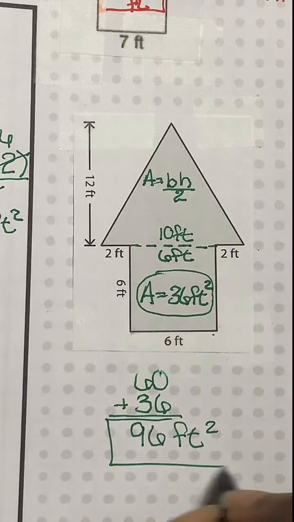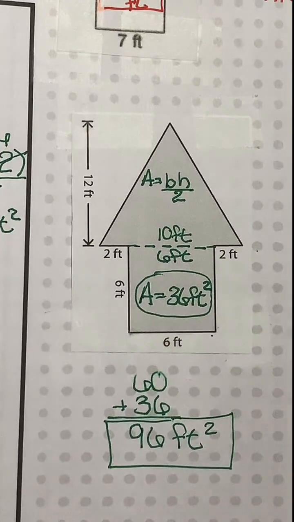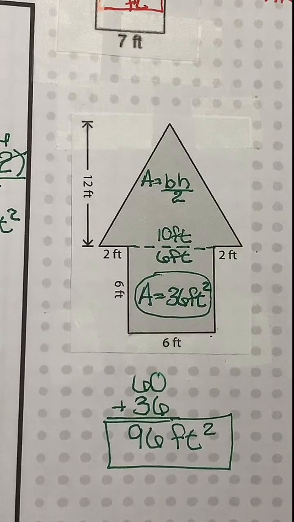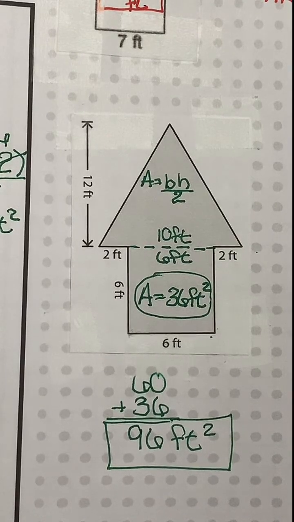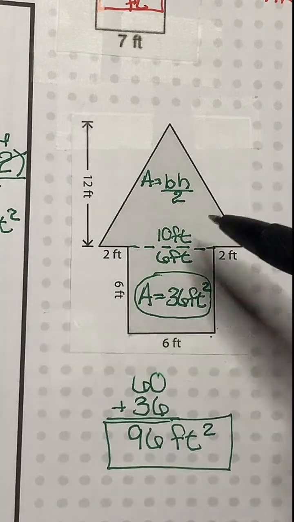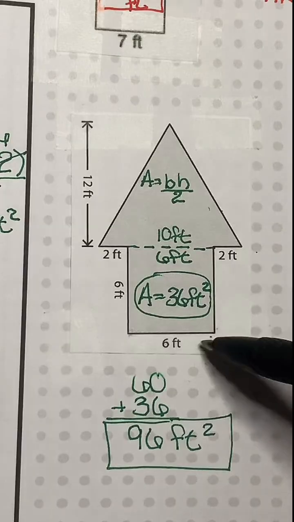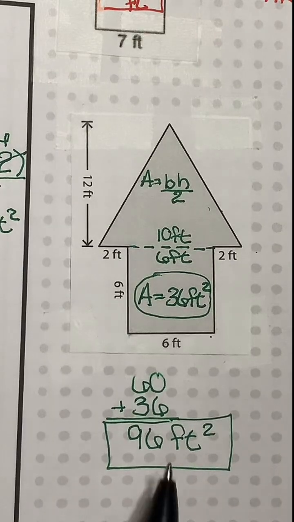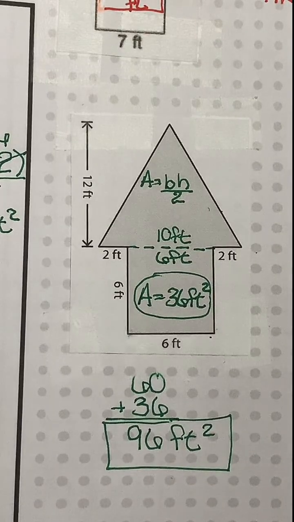This is your official answer. And trust me, as you do this, they will have 36 as one of the options. They will have 60 as one of the options. Just don't forget, once you find your two areas, add them up. So you can get your official answer.